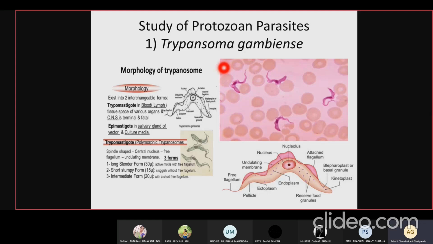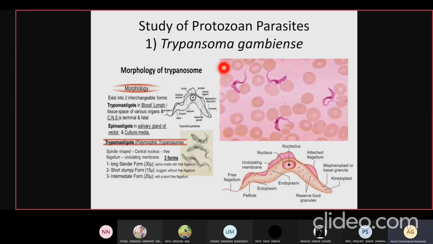Therefore it is called a digenetic parasite. In the case of Trypanosoma gambiense, it requires the tsetse fly or any vertebrate host. So in that way, two hosts are required.